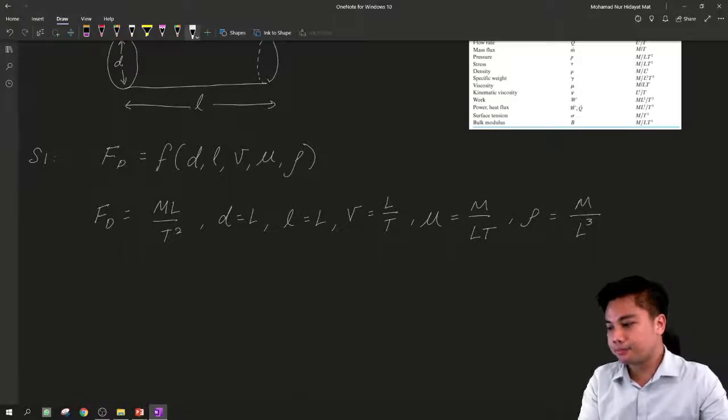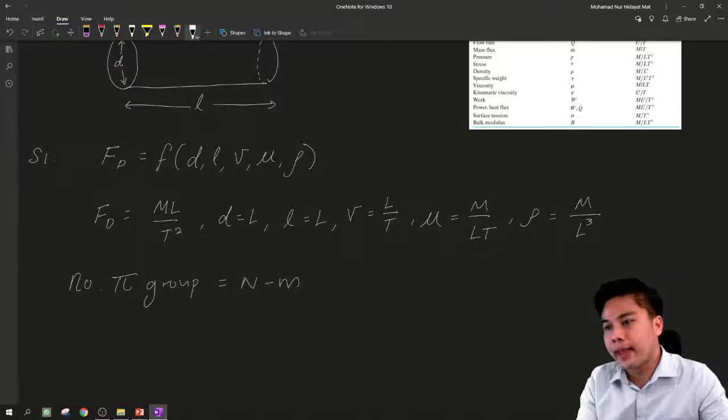After that, we need to find the values of N and M, to know the number of pi groups. The number of pi groups is given by the formula N minus M. N is the total number of variables.